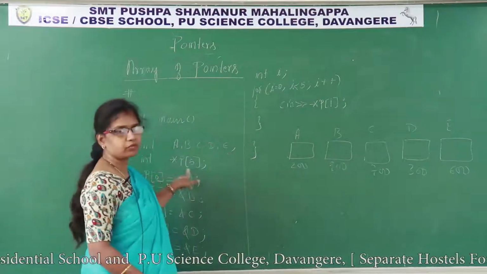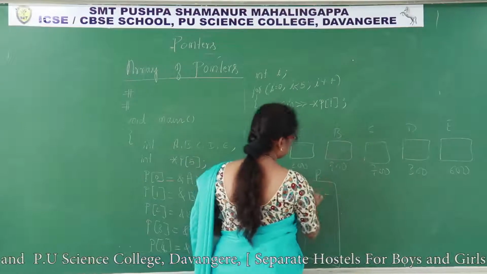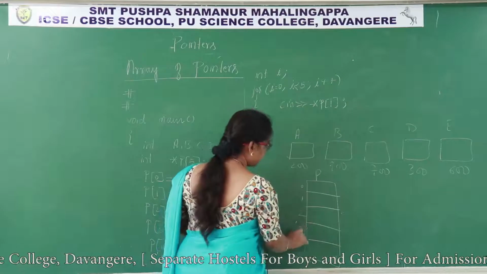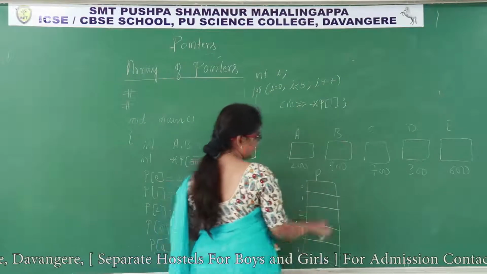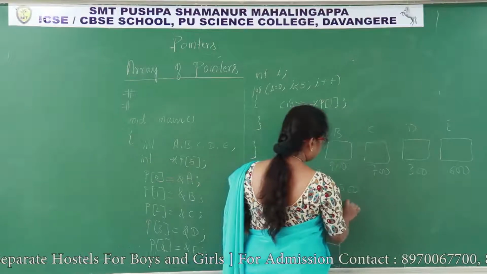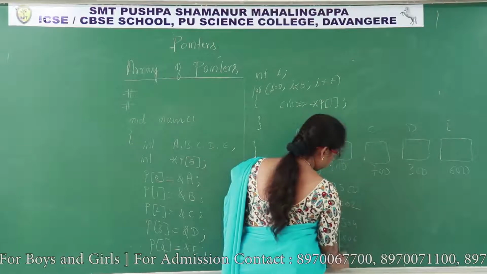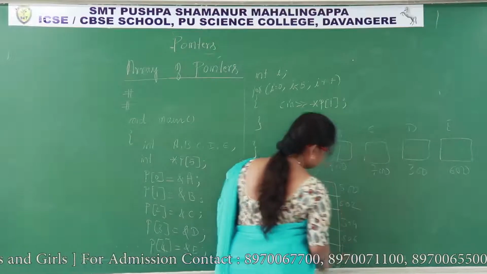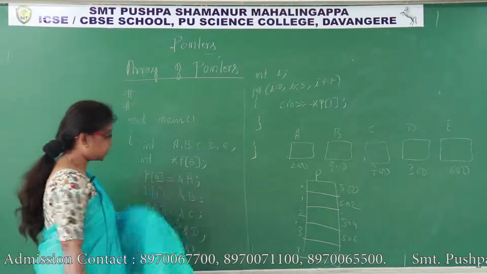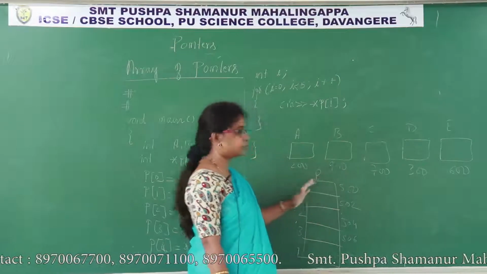Next, star P of 5, it means an array. For our convenience, I will take positions here. Let us understand the addresses: 500, 502, 504, 506, 508. These are the memory addresses of this array of pointers.